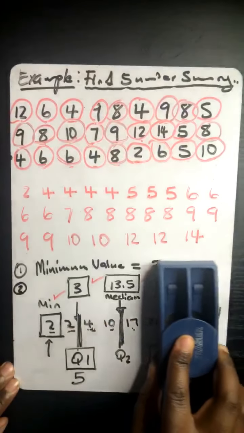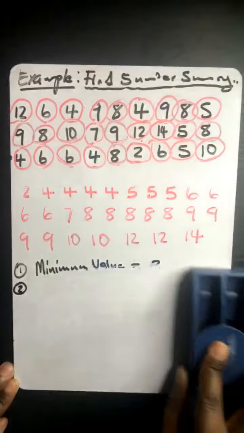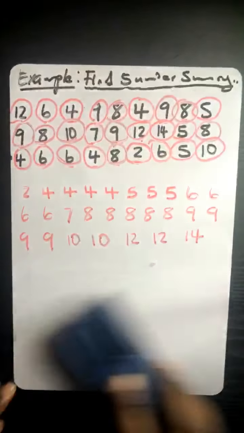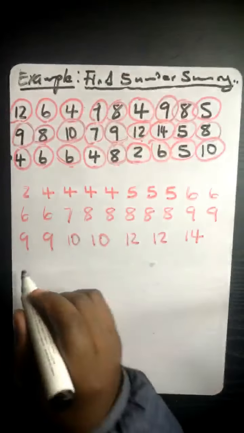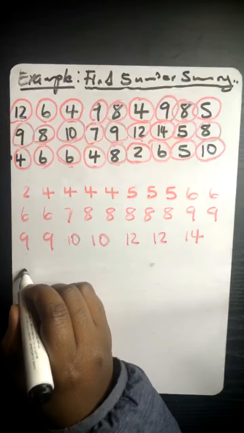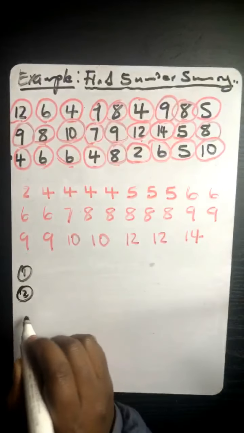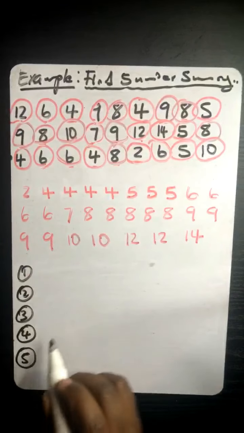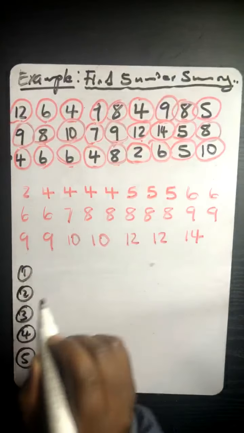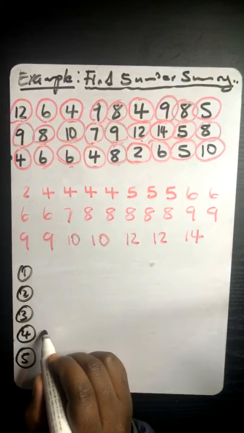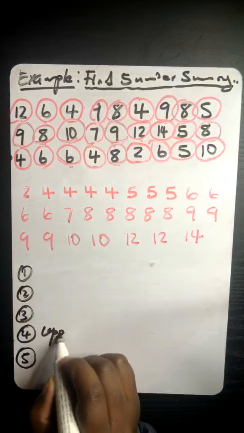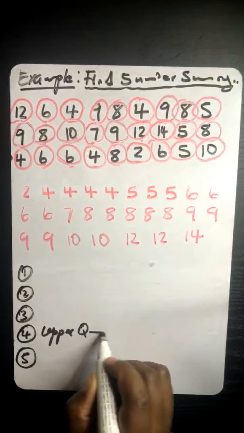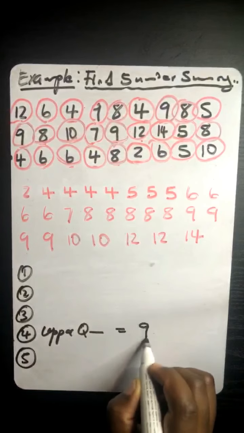I'm going to end up confusing myself. Let me remove all of that. Okay, so 1, 2, 3, 4, 5. We know this is the minimum. This is the upper quartile, you guys said you got 3.